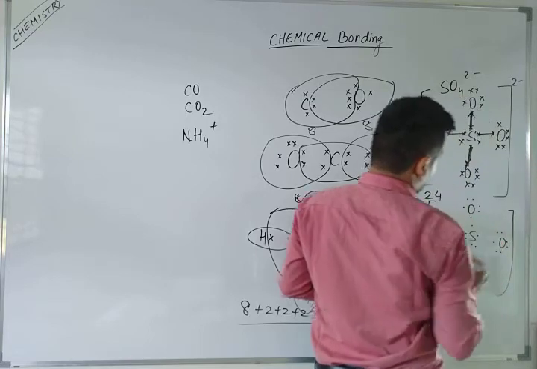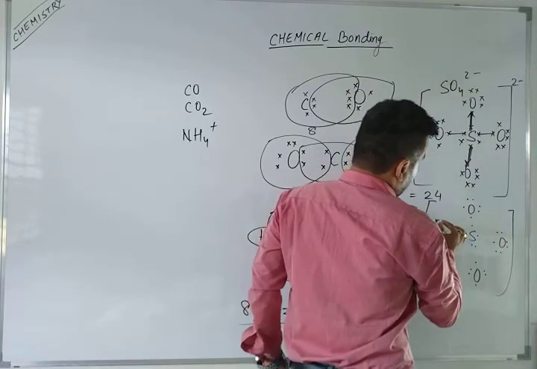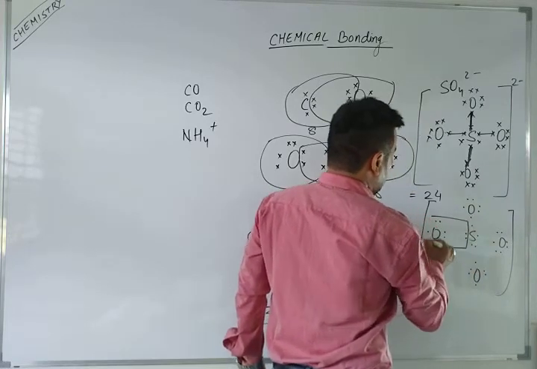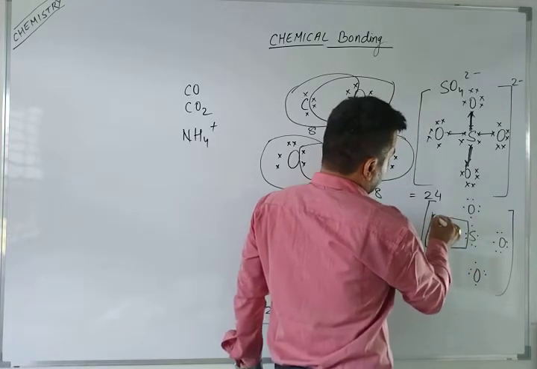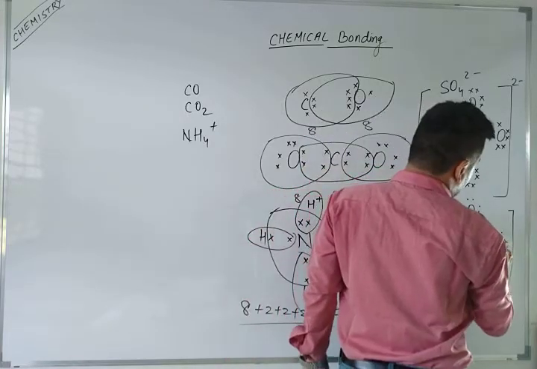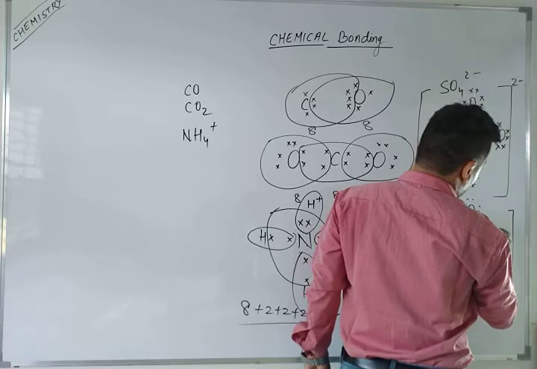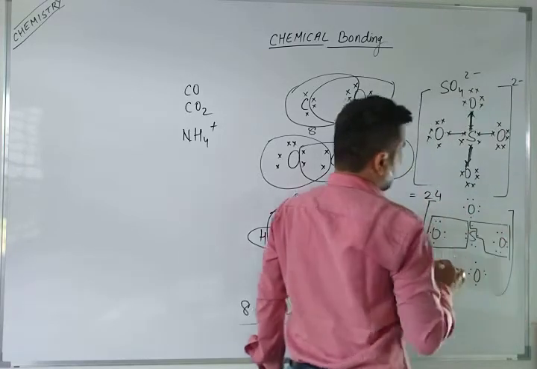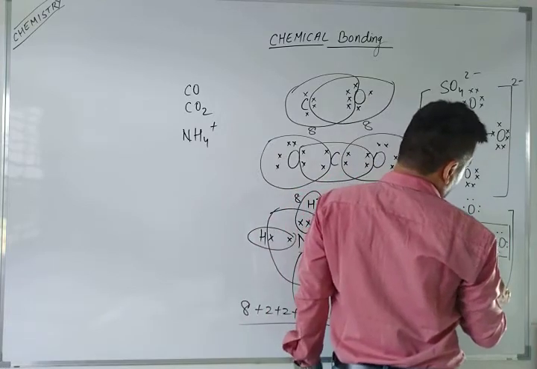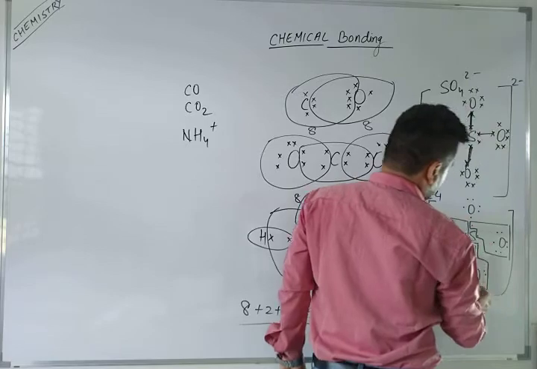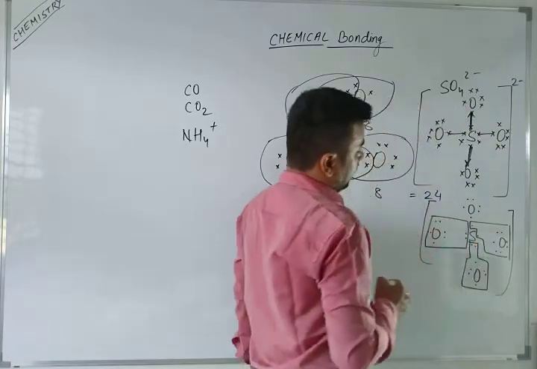So you can see here, this oxygen will take these 2 electrons, right? This oxygen will take these 2 electrons. You can see here 6 plus 2, 8. Similarly, these 2 electrons, this oxygen will take. Similarly, now just talk about these 2 oxygens, these 2 electrons, this oxygen will take.